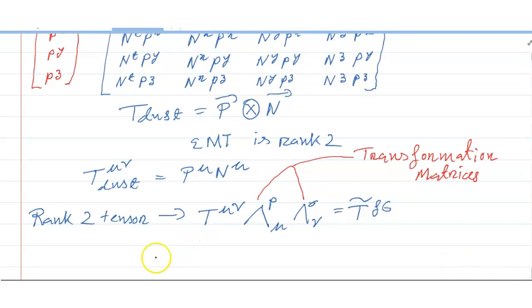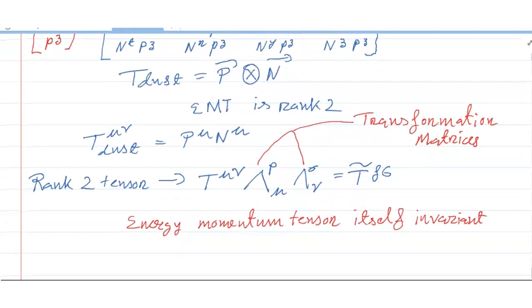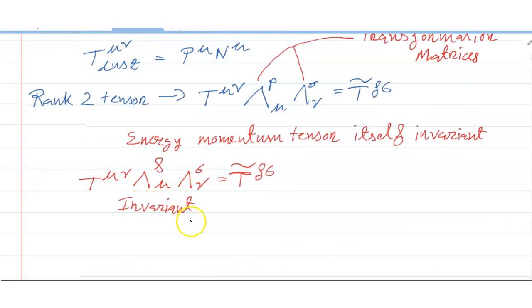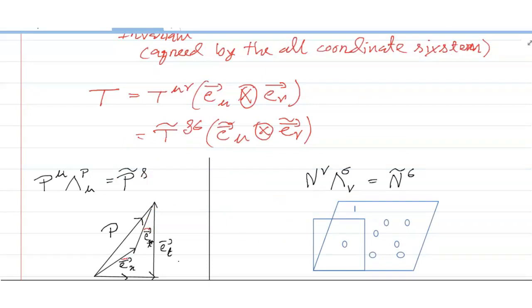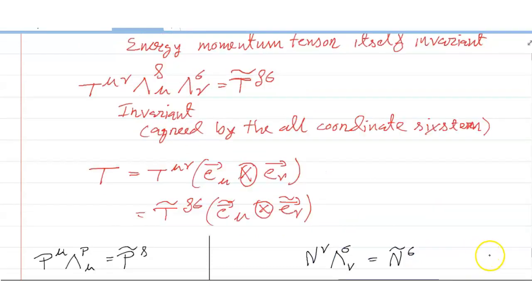So the energy momentum tensor itself, T mu nu with lambda mu rho and lambda sigma nu, equals T tilde rho sigma. Invariant, agreed on by all coordinate systems. So friends, we see that the energy momentum tensor is invariant in all coordinate systems.